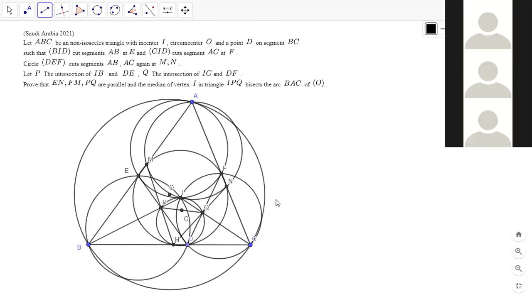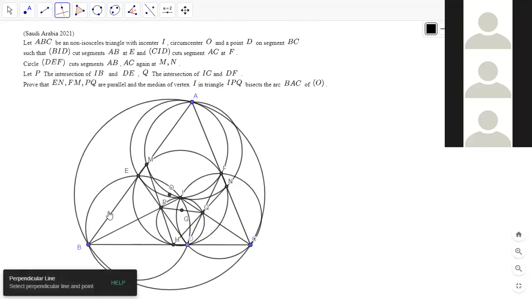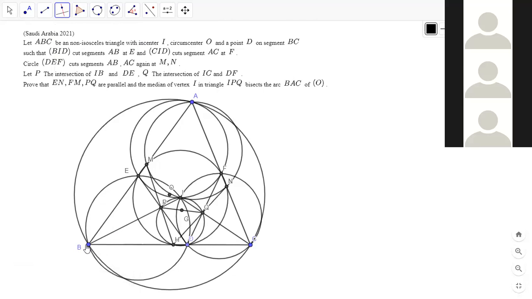Part B is easier. How do you do part B? It's almost trivial to me, because we can see that BPQC is cyclic, right? Because IP times IB is equal to ID squared. Okay, so IG is the median of IPQ, right? So it will be the median of IBC because they are similar.